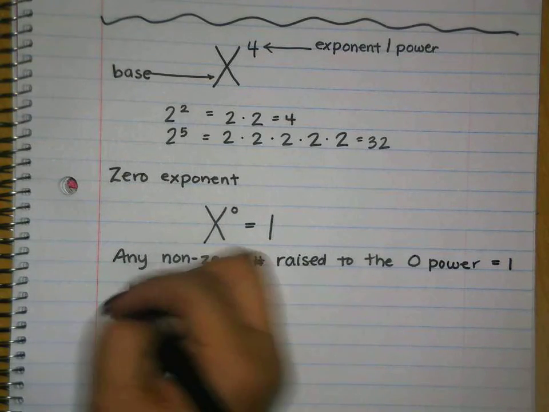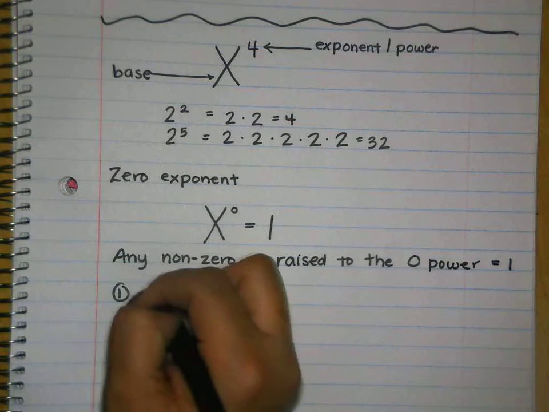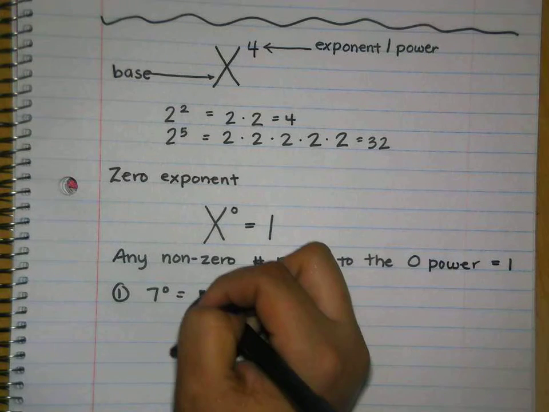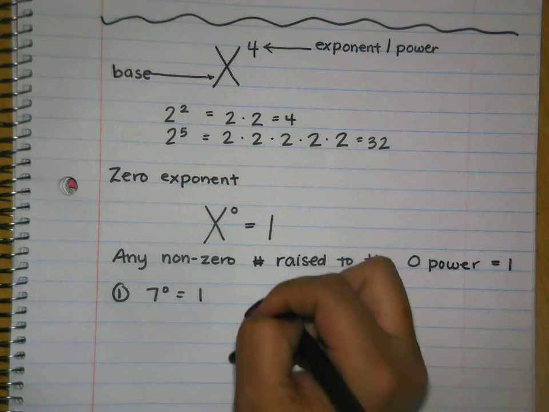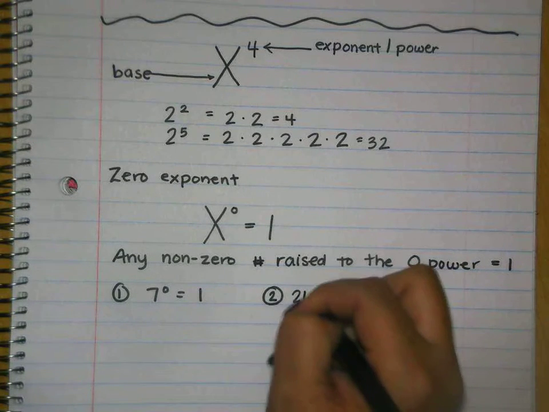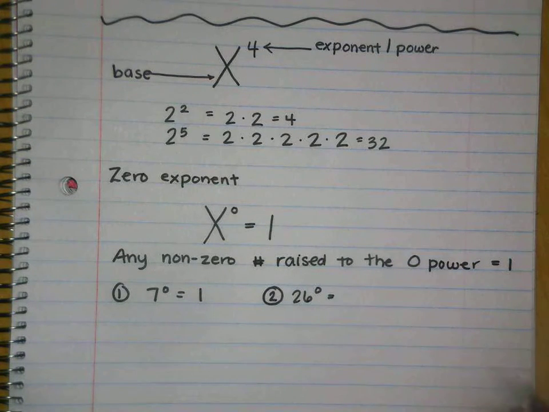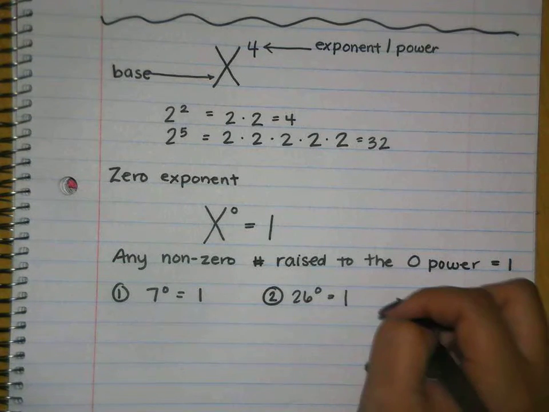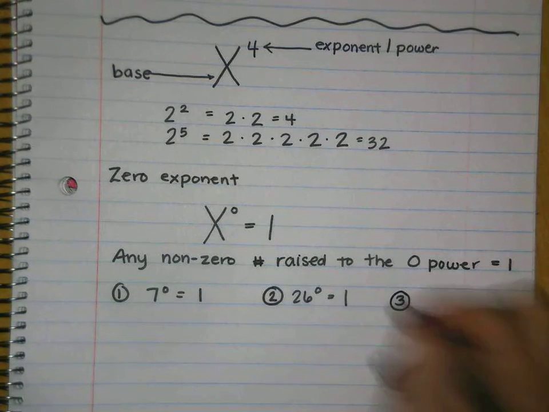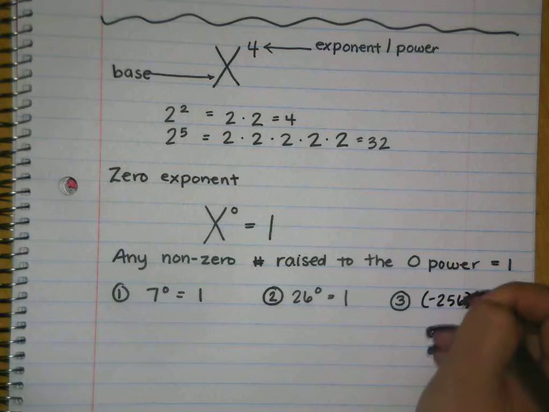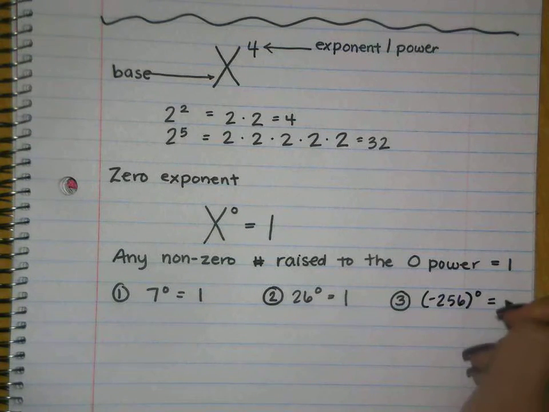So number 1, if I have 7 to the 0 power, well, that's raised to the 0 power. Obviously, it's going to be 1. Or if I have 26 to the 0 power, oh, that's going to be, you guessed it, 1. Or if I have negative 256 to the 0 power, it is going to equal, yep, 1.